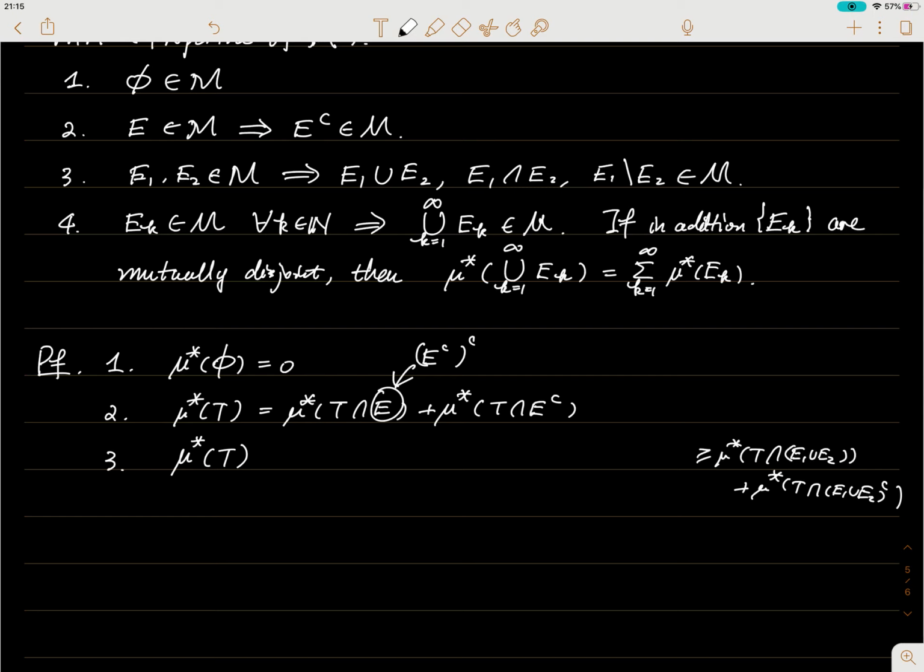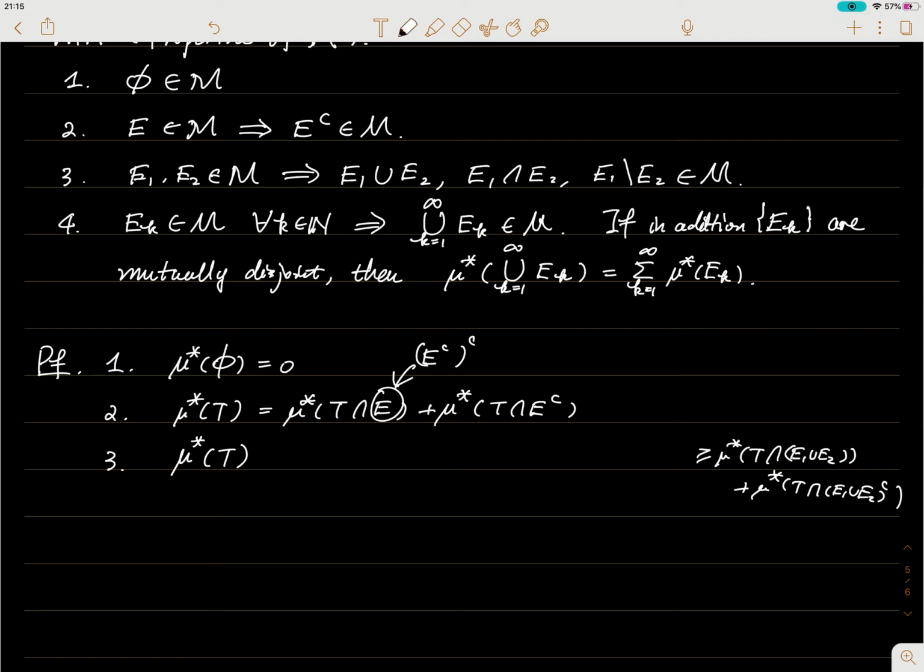This is what we want to show. If we can show that the outer measure of T is bigger than the sum of these two, then for any T, we can show that the union of E1 and E2 is also measurable.